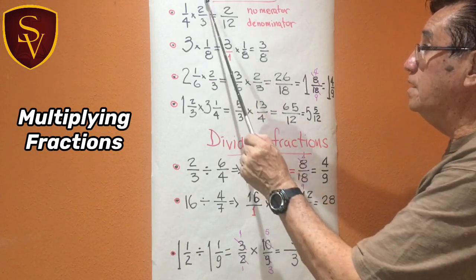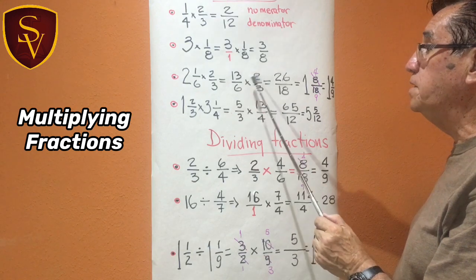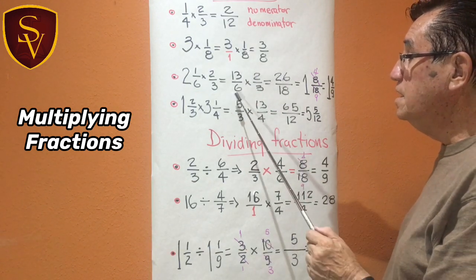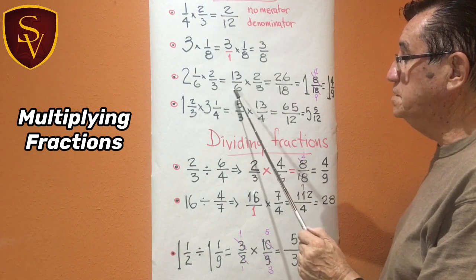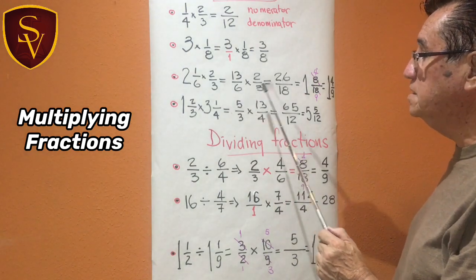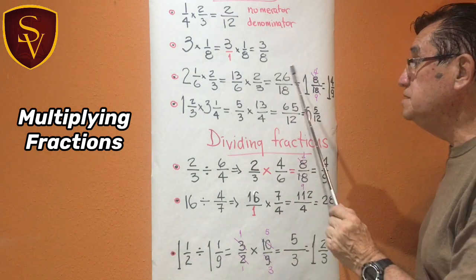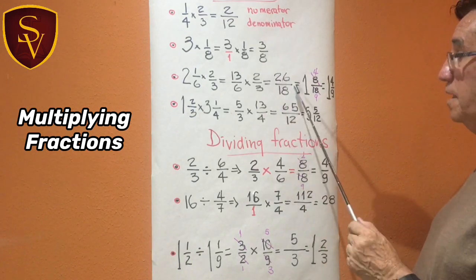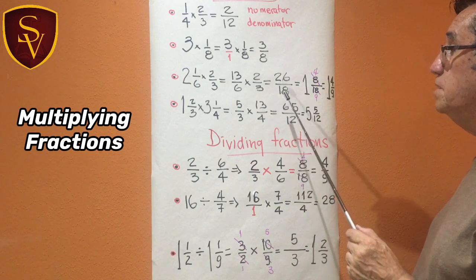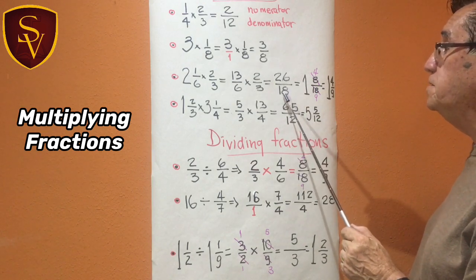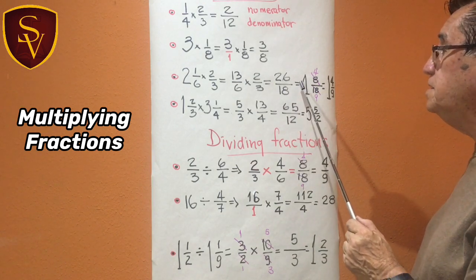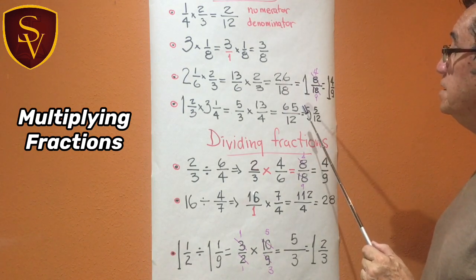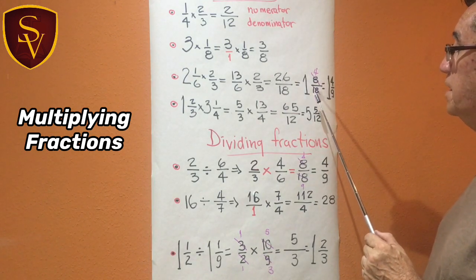And now we follow this rule and we multiply numerators first. 13 times 2 gives us 26, and denominators afterwards, 3 times 6 is 18. Since this is an improper fraction, let's change it to a mixed number. I divide 26 by 18, and clearly it's 1, and the remainder is 8, right?